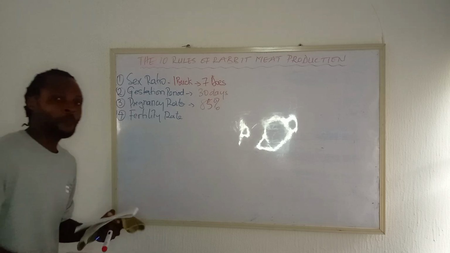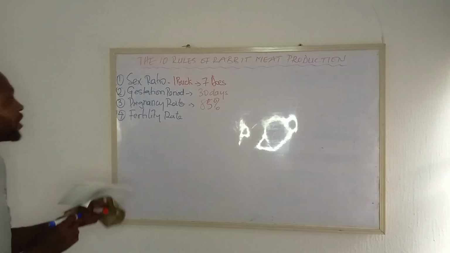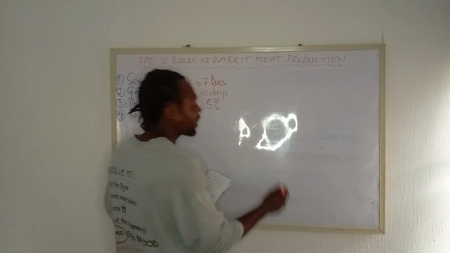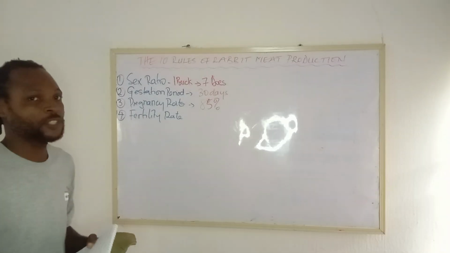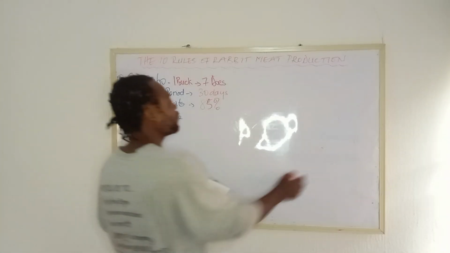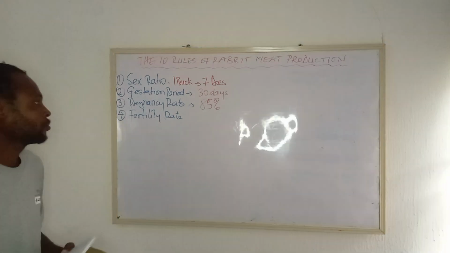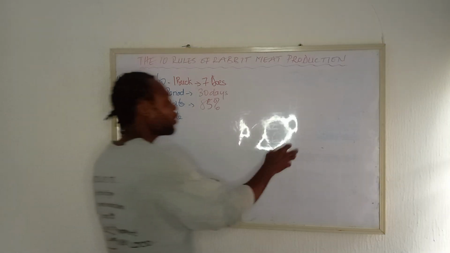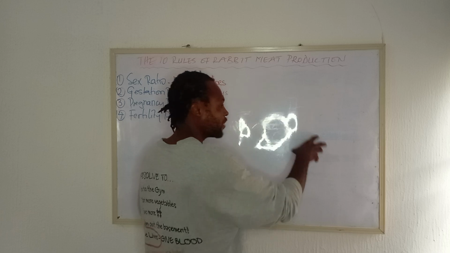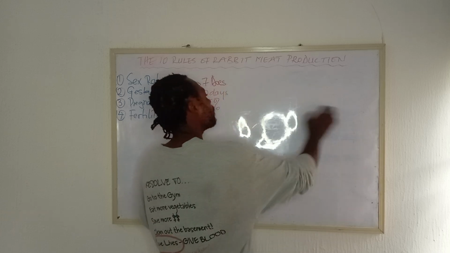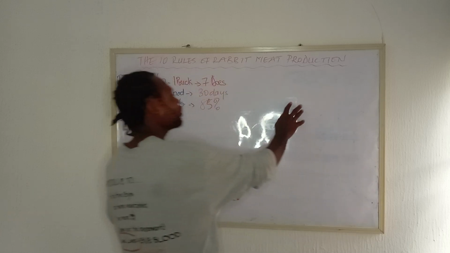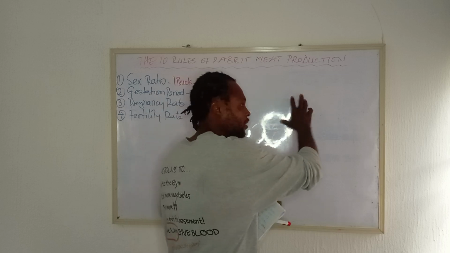It's also in percentage. Your fertility rate is the number of females that actually kindle at the end of the gestation period over the number of females that got pregnant. I repeat again: the number of females that actually gave birth or kindled over the number of females that got pregnant, times 100.